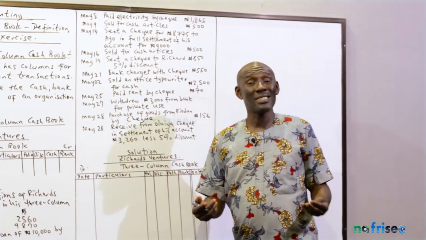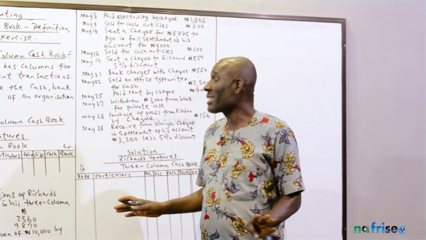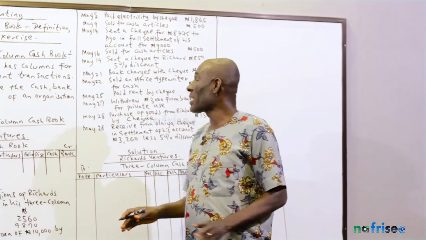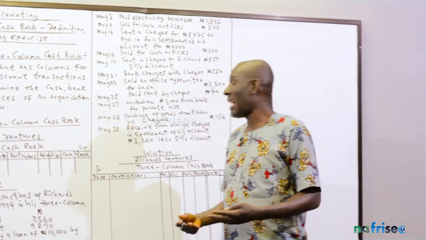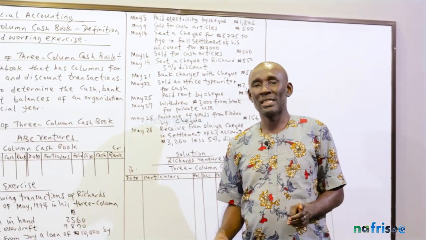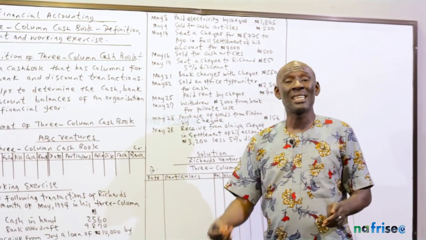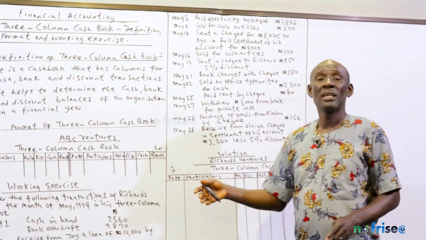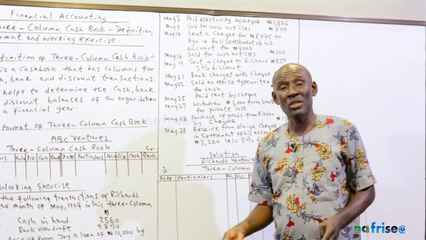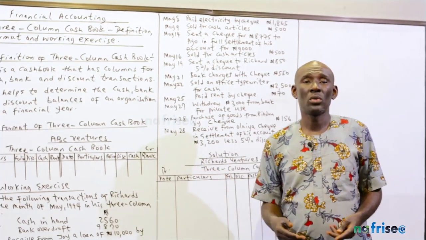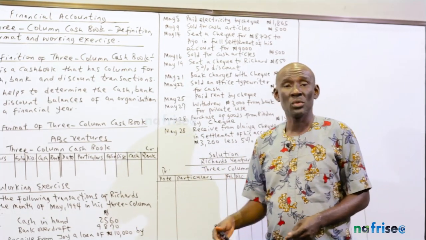We can see that we have massive transactions here, but it is very simple. I will explain the principle, and if you follow it attentively, you won't have any challenge. This working exercise is a typical question in the SSCE, the Senior Secondary School Certificate Examination, or even NECO, National Examination Council.